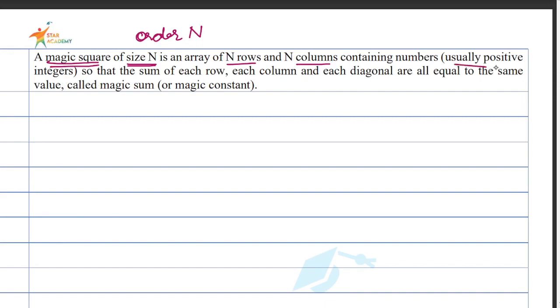So the square we have talked about, that was the square of only positive integers. So that the sum of each row, each column and each diagonal are all equal to the same value, that is called the magic sum, or the other names for the magic sum, they are magic constant, or we can also say that it is the magic number.